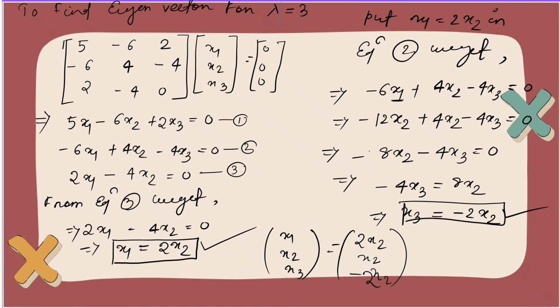So if we put x2 is equal to k, and that k value is 1, the final eigenvector is 2, 1, minus 2. So this one is the eigenvector for this particular eigenvalue, lambda equal to 3. In the similar manner, you have to find the eigenvector for lambda equal to 15.